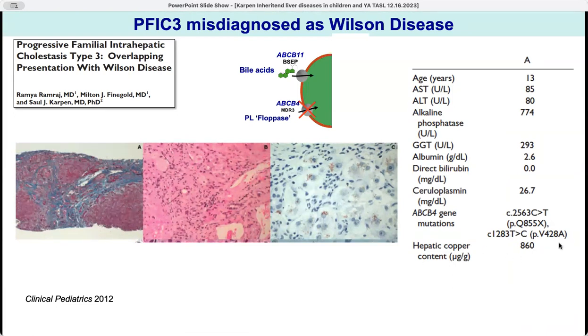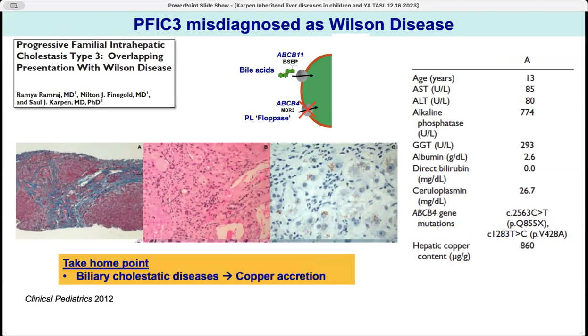This child had 860 micrograms per gram. And this child was sent to us for Wilson disease that didn't get better with chelation. The reason it didn't get better with chelation is the patient didn't have Wilson disease. They had ABCB4 deficiency, PFIC3. So please keep this in mind for your own clarity, in addition to small duct PSC.